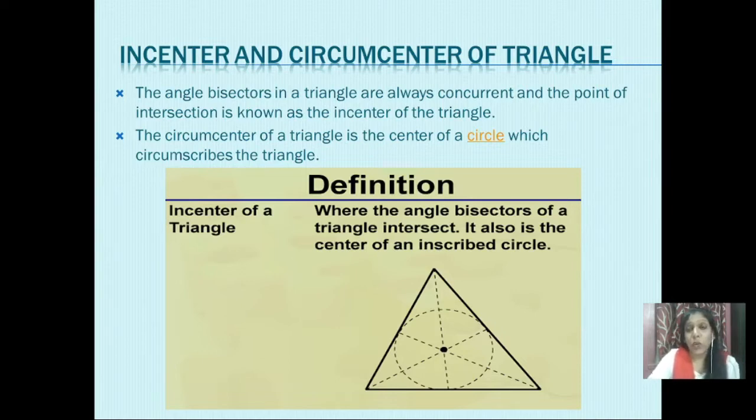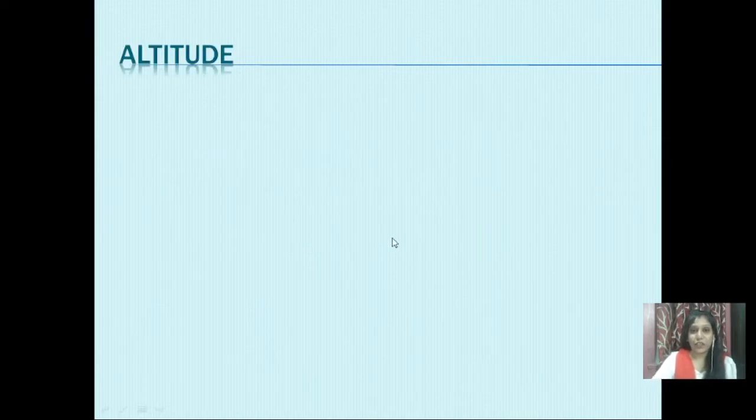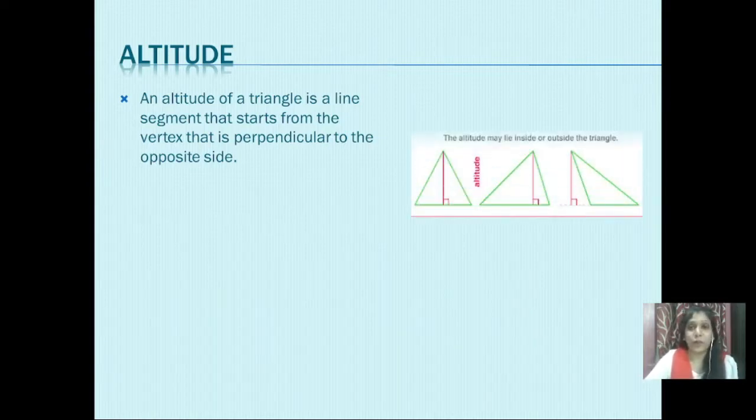So today we are going to learn 2 more points of a triangle. Our today's topic is altitudes and median of a triangle. So let us begin. Altitude. What is an altitude? An altitude of a triangle is a line segment that starts from the vertex and is perpendicular to the opposite side.